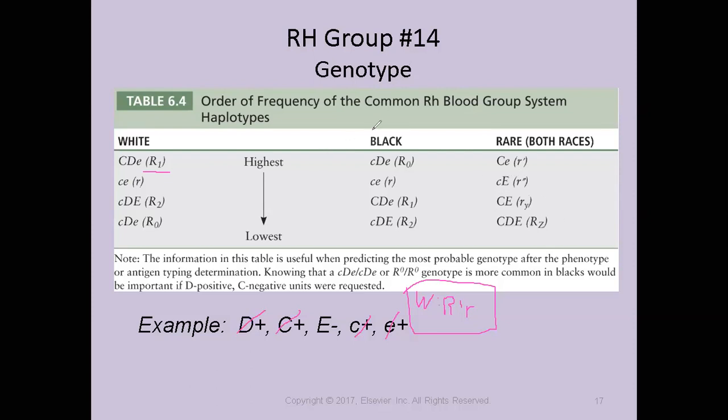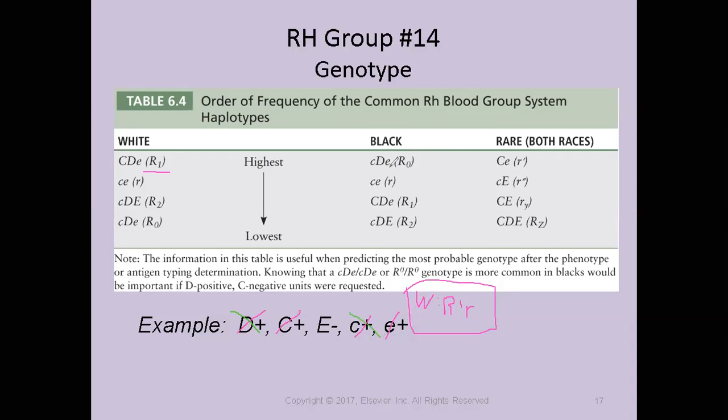Let's do the example of our patient being black. We have the same results of testing, and I'm going to use a different color to eliminate. In the black population, R0 is most prevalent. So let's see if this fits our testing. We need big D, that's fulfilled. We need little c, that's fulfilled.